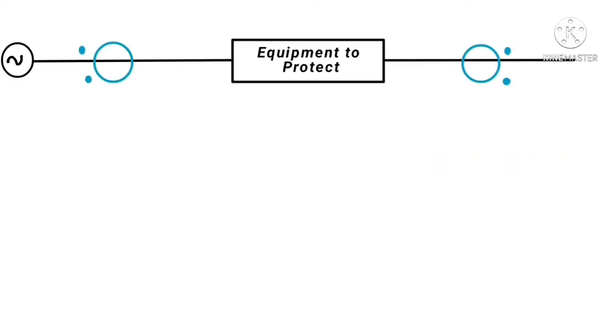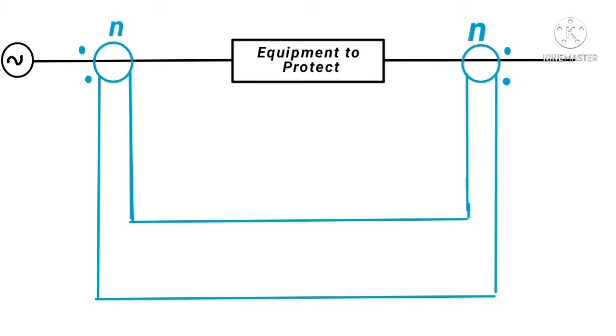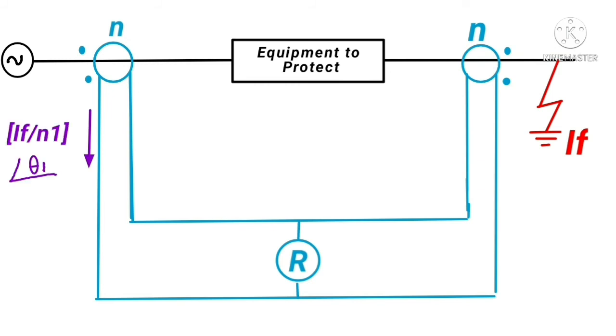Again, consider the same equipment, same circuit, with the CT secondaries connected like this and the CT ratios the same. Let's consider again the same ground fault appearing outside the zone of protection of the differential. But in this case, we consider the actual imperfections and how they will impact our differential protection scheme.